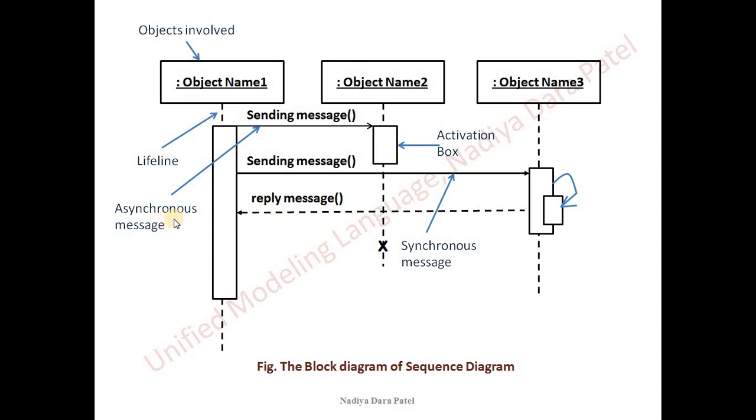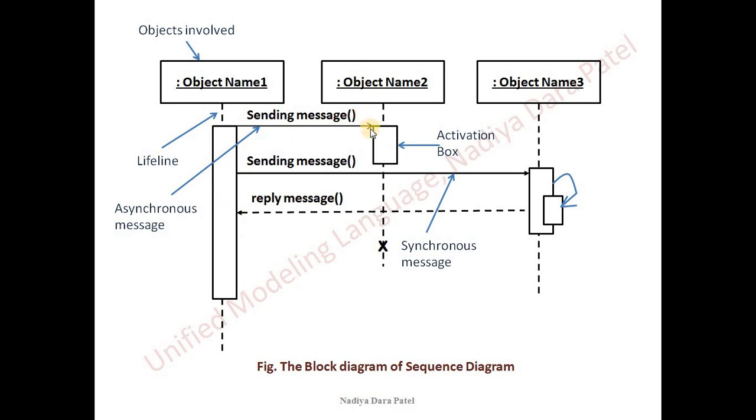But asynchronous messages will keep on proceeding, keep on interacting with other objects, and will not wait for the reply message. As we do in chatting or while having a conversation with our friends, we wait for his or her reply and then ask the next question. So synchronous messages are like that. Once you send, you wait for a reply and then you send the next message.